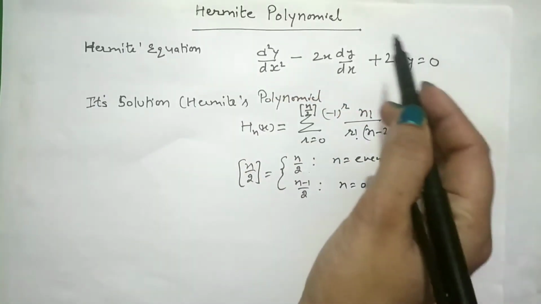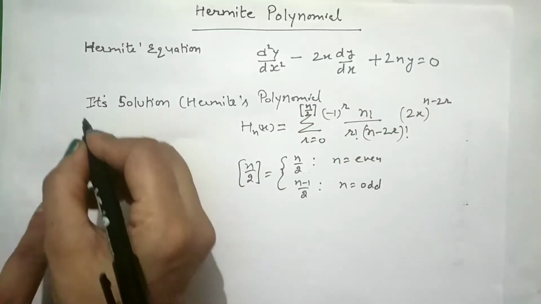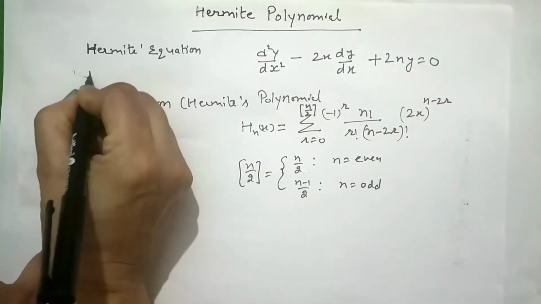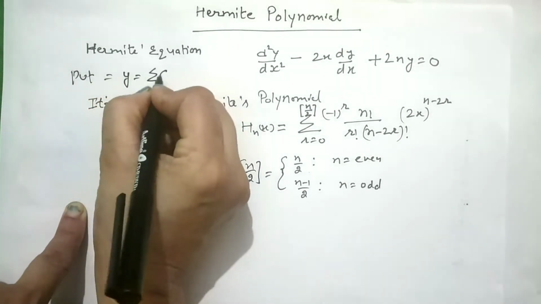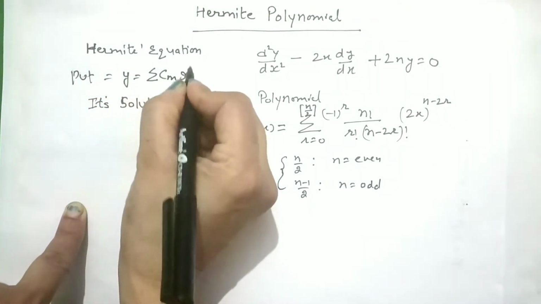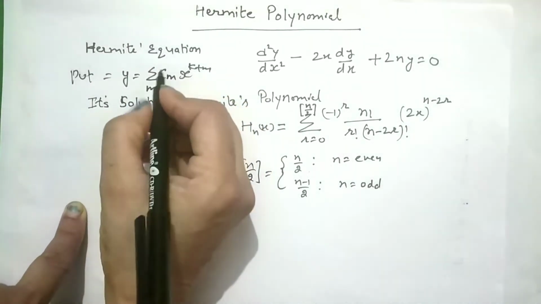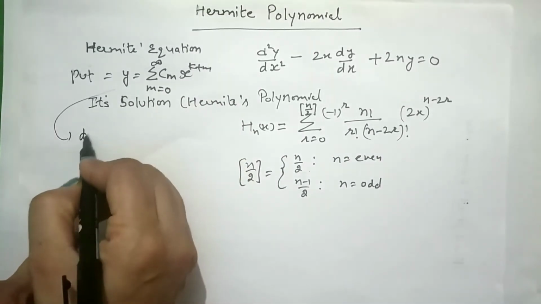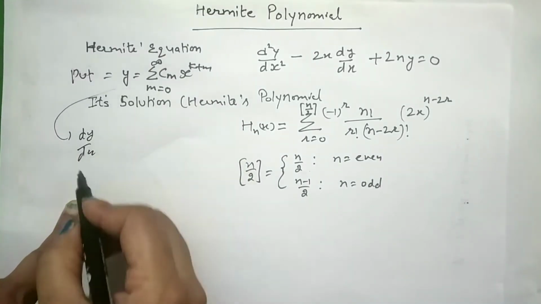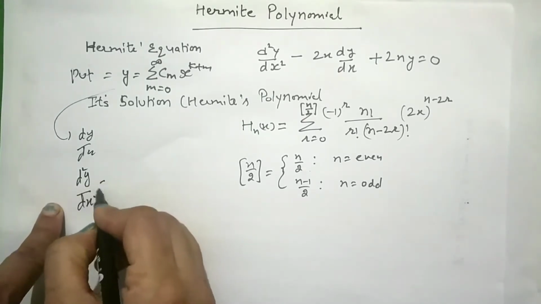When we solve this Hermite's differential equation in series, solving in series means we put y is equal to summation c_m x raised to power k plus m, where m varies from 0 to infinity. If we put this y, we find dy/dx, and after differentiating again we get the double derivative.